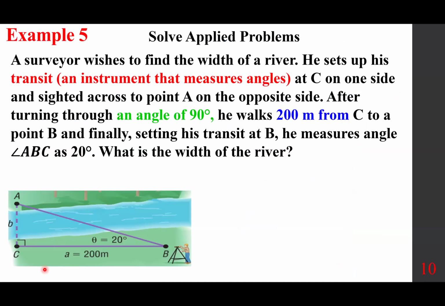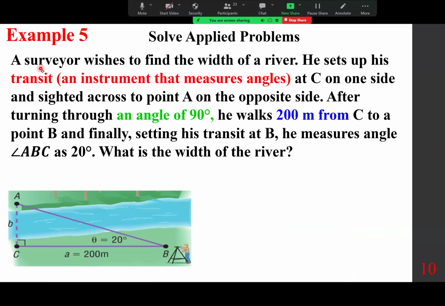Solve applied problem. A surveyor, example 5. A surveyor wishes to find the width of a river. So we want to find it. He sets up his transit, an instrument that measures angles, at C on one side and sights across to point A on the opposite side.